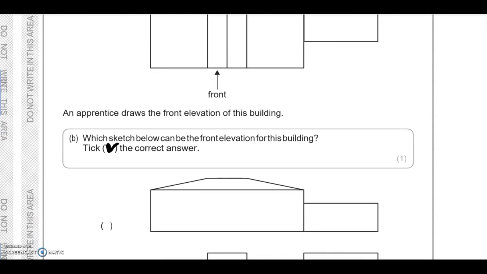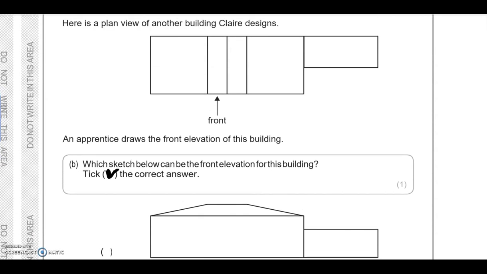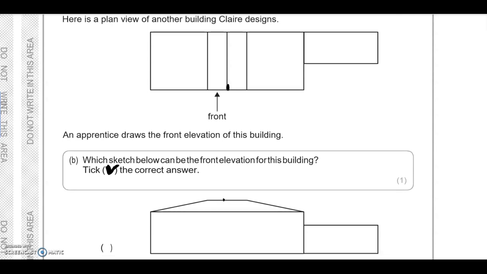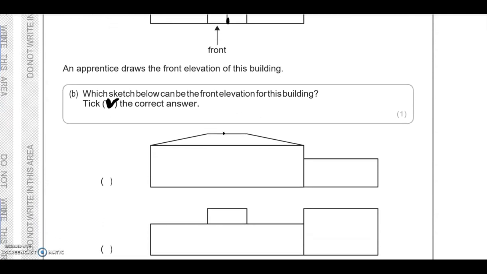So we're going to have a look at them in turn. Looking at this first one, no, it can't be, because as we can see, we've got a split here, and that is not the case. So that is not option 1.